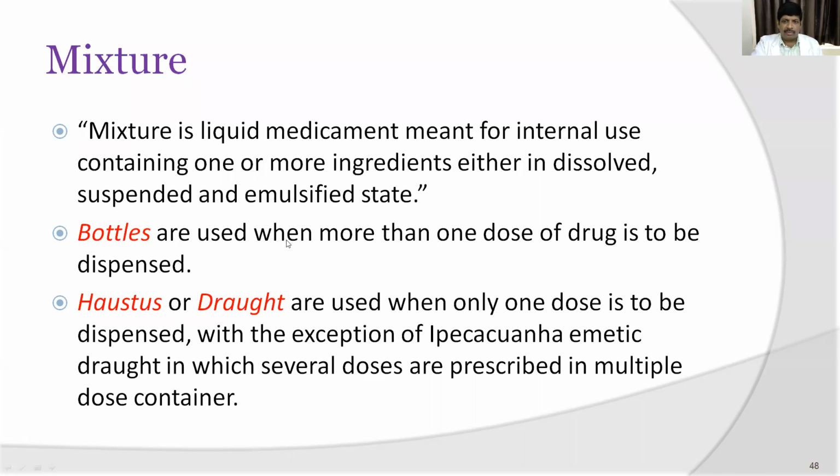Bottles are used when more than one dose of the drug is to be dispensed. Draughts are used when only one dose is to be dispensed, with the exception of emetic draughts, in which several doses are prescribed in a multiple dose container. So mixtures are liquid dosage forms meant for multiple use, whereas a draught is a single-use mixture.